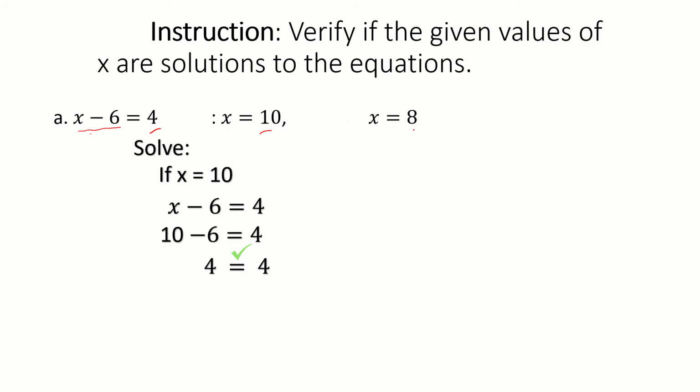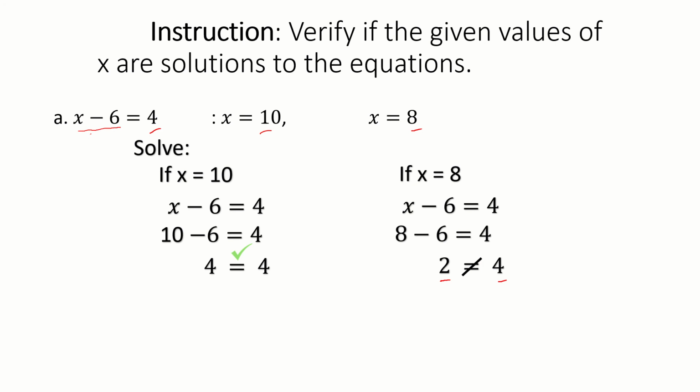How about if it's an 8? Okay, let's try. If you substitute 8 for x, you have 8 minus 6, which will give us 2. And if you notice, the left side and the right side are not the same. So they're not equal. In other words, it's a false statement.